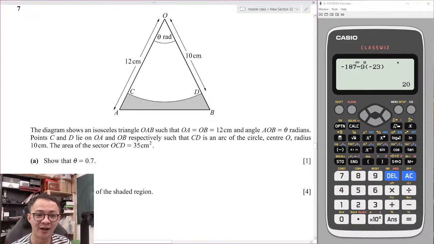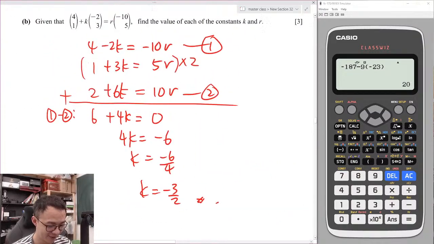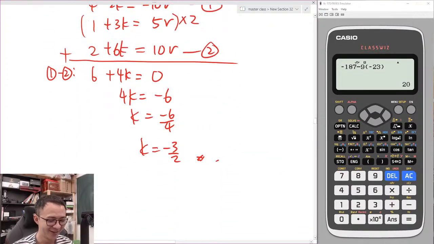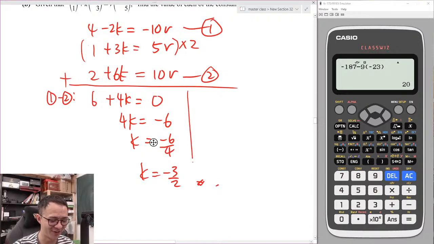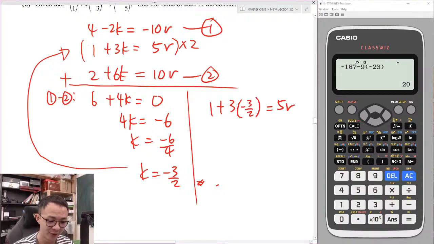The K and R for the previous question, I forgot about K and R. Oh yeah, I still need to find R here. I'm sorry, I went way too fast. You need to sub the K value back into any equation you like to find R. Let's say I sub into this one: 1 plus 3K, negative 3 over 2, equals 5R.